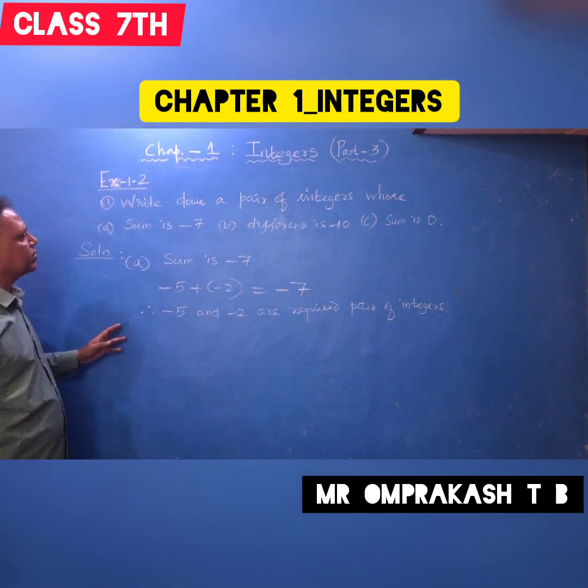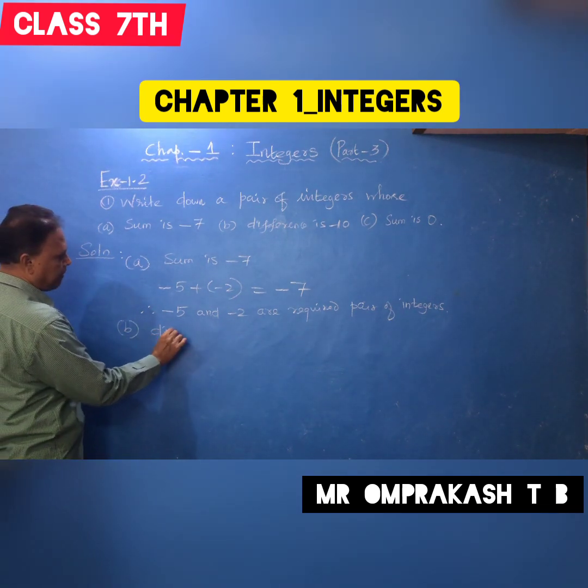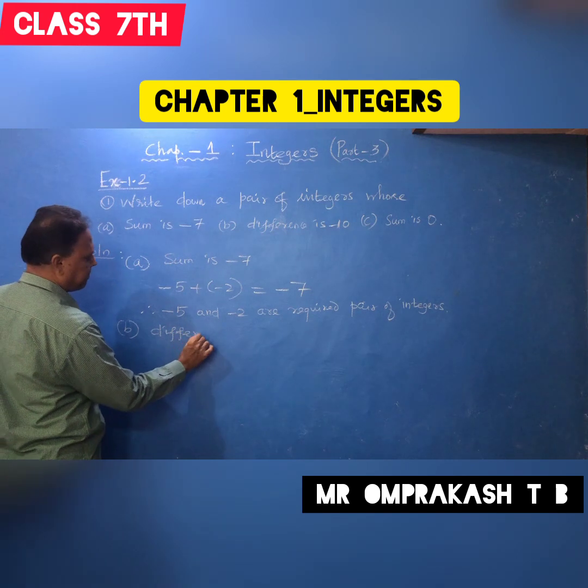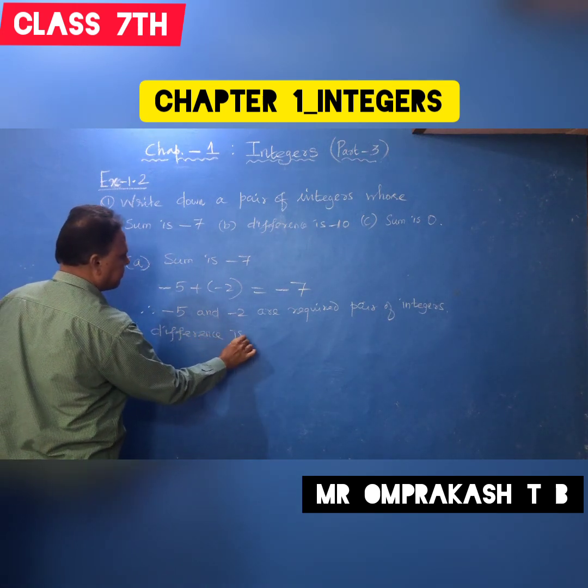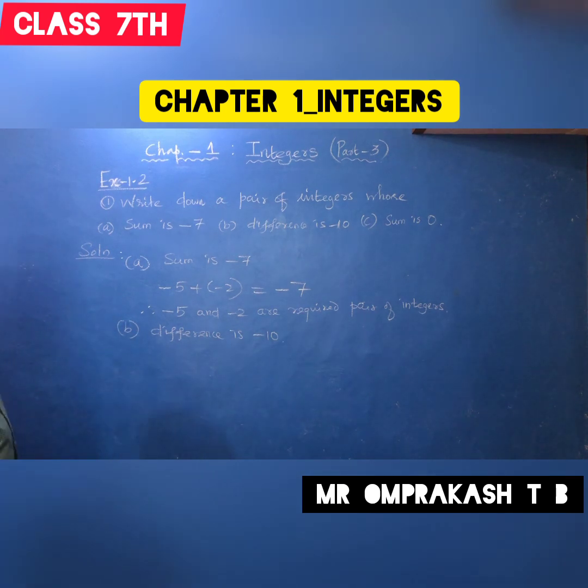Okay, next B you see, difference. You have to see the difference. Difference you have to get is minus 10. Okay, you can take 10, 20. You can take 10, 20, you see.